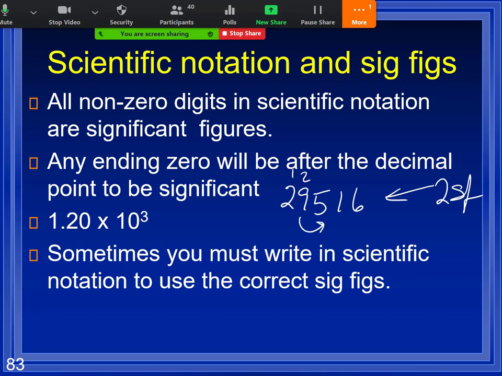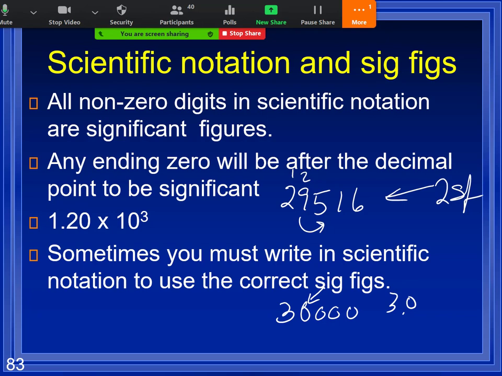Behind the 9 there's a 5, so I'm going to put a 0 there, and I have to put all the placeholders in there, because 30,000 is really close to 29,516. But 30,000 only has 1 sig fig. I need to make that 0 count. The only way that 0 would count is if I wrote 3.0. That would make that 0 count. But 3.0 is not the same size as 30,000.